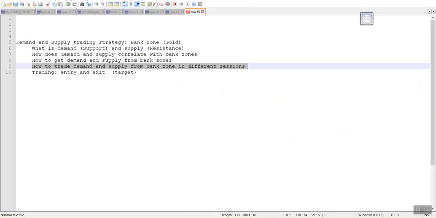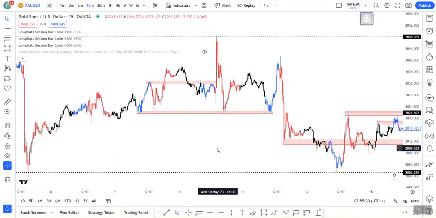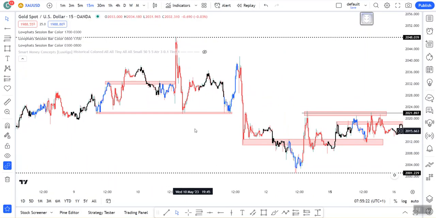Okay, if we go to how to trade the demand zone from different sessions, how to trade those bank zones, because of what the banks are looking at in their own zone. During Asia, they push to a particular area, then they go down, then they are most likely to test that area again within their own zone, depending on where the market is.